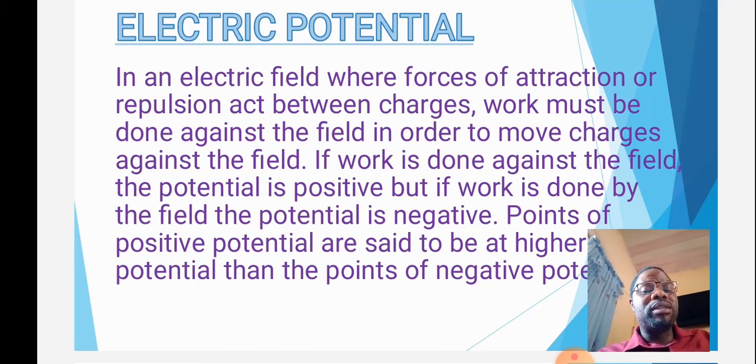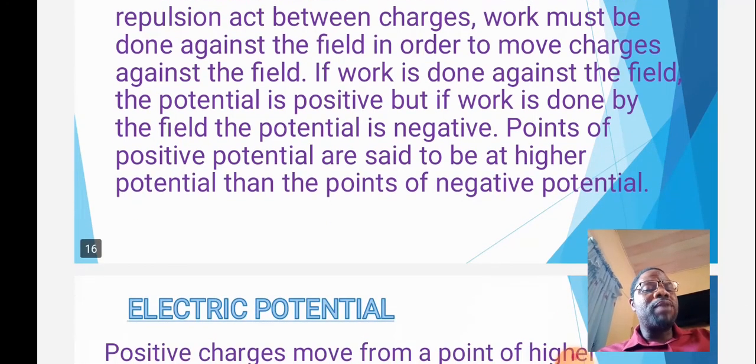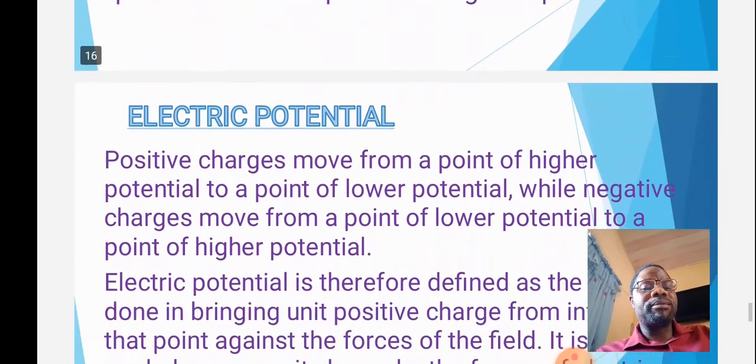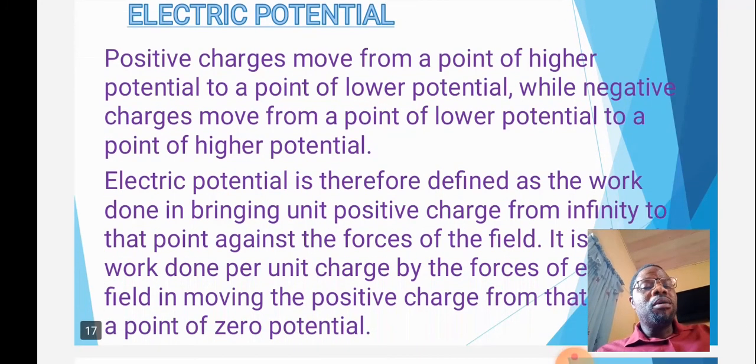So we now say that the points of positive potential are said to be at higher potential than the points of negative potential. Therefore, positive charges move from a point of higher potential to a point of lower potential, while negative charges move from a point of lower potential to a point of higher potential.